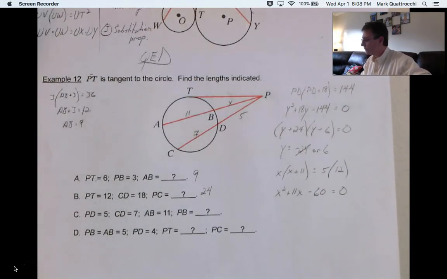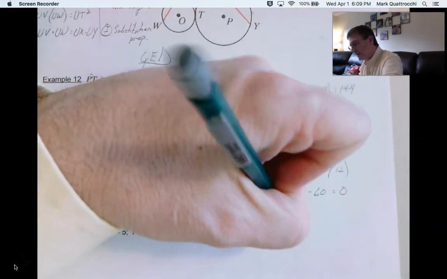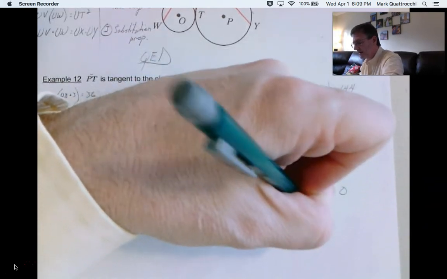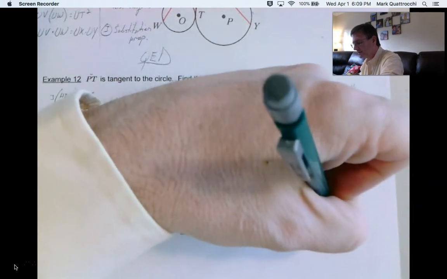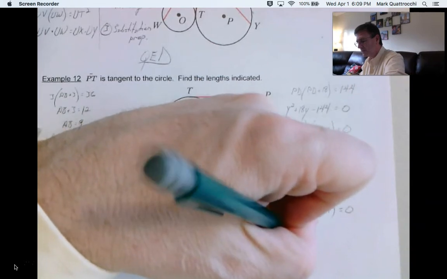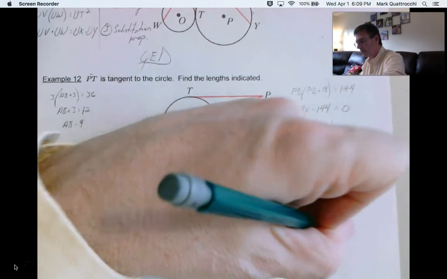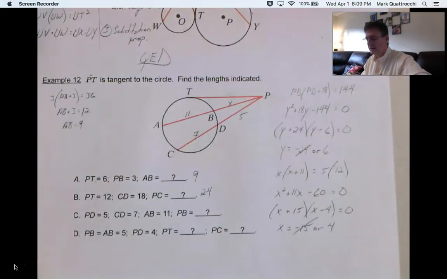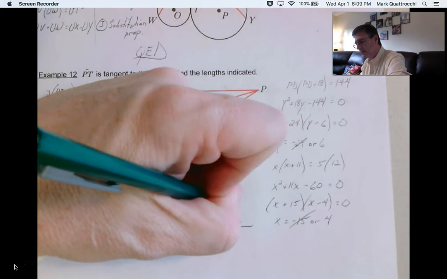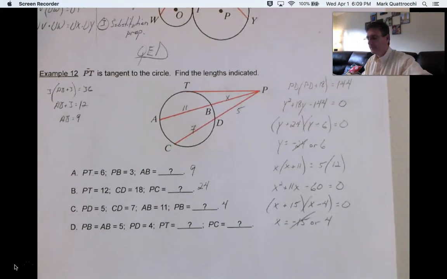And again, this is going to factor. X plus 15, X minus 4 equals 0. X equals negative 15 or positive 4. Again, since X represents the length of a side, PB, it must be 4, can't be negative 15.